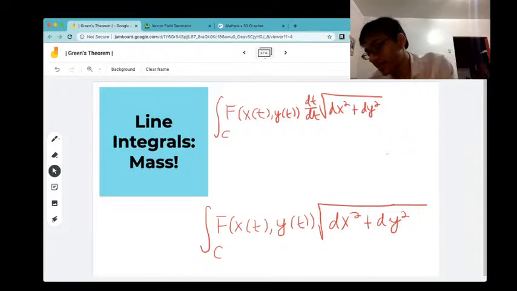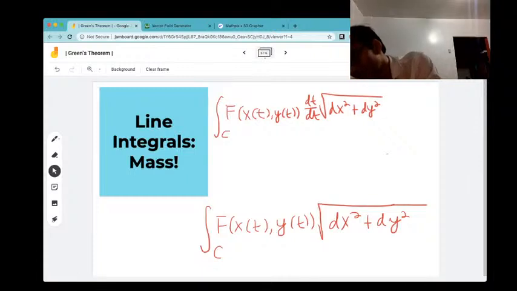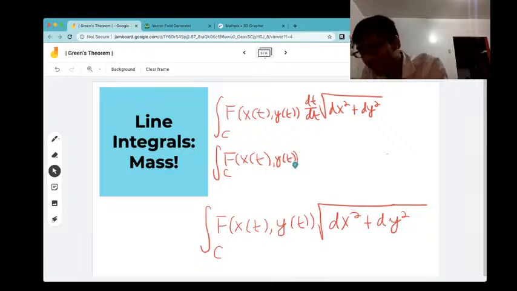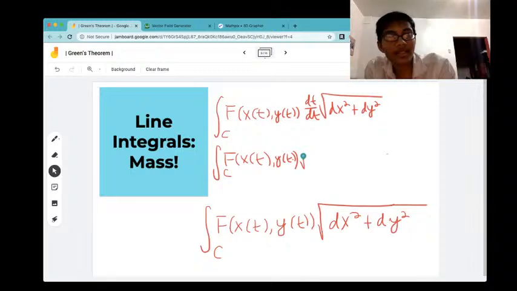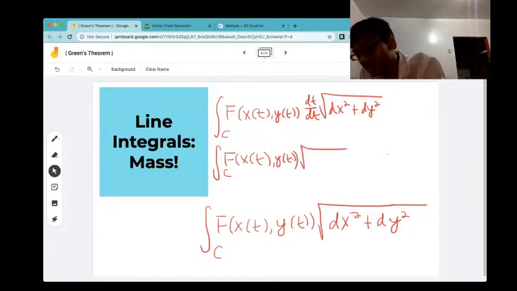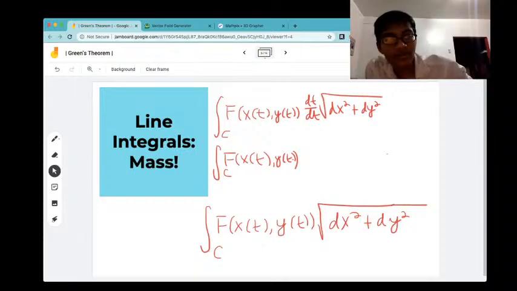Let's see if I can do this, because I haven't done this in quite some time. So f of x of t, and I'm going to zoom all the way in, comma y of t, and after we bring that dt over dt inside, what I should get is something along these lines, right?